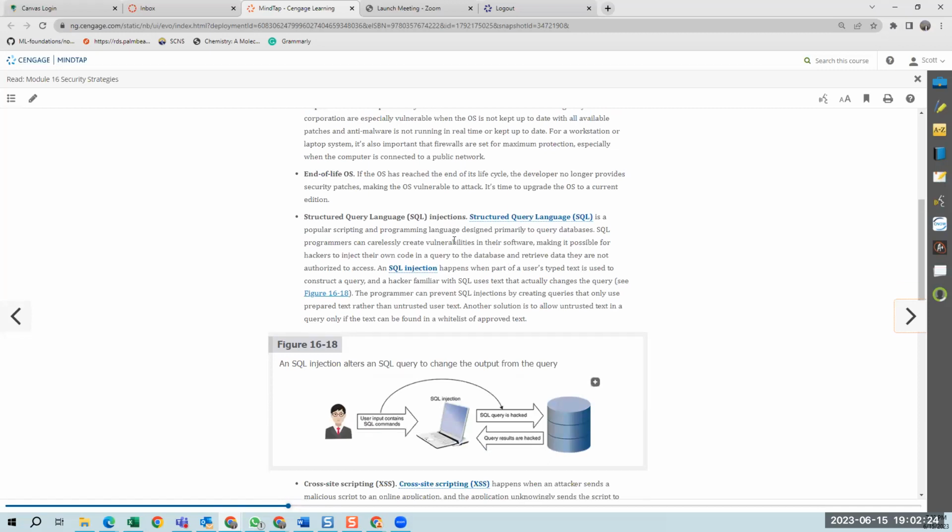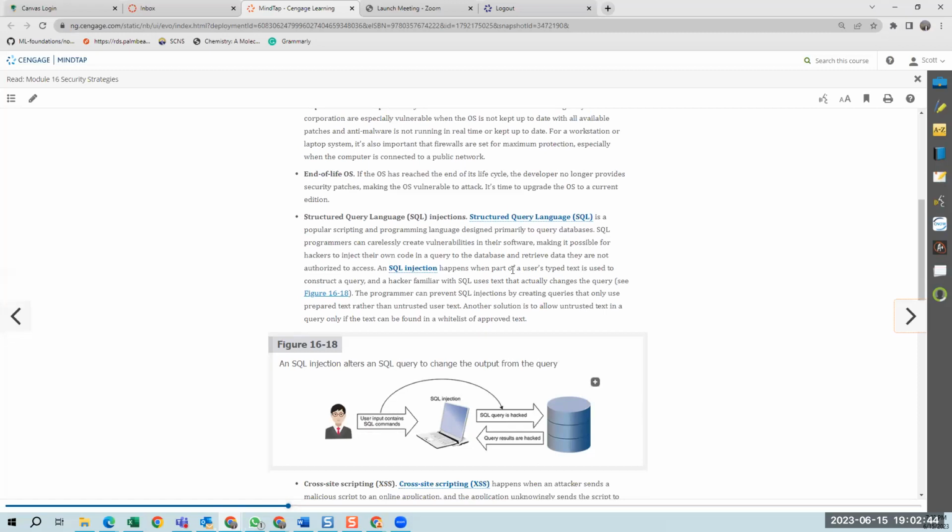There's another way that we become vulnerable. It has to do with the programming side, and it's SQL. That's how we pronounce it, SQL, structured query language.